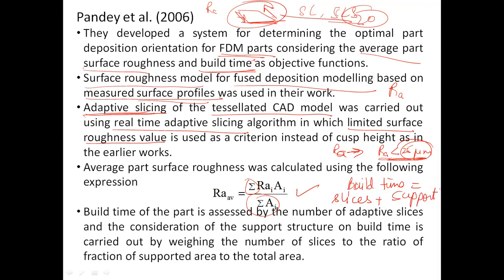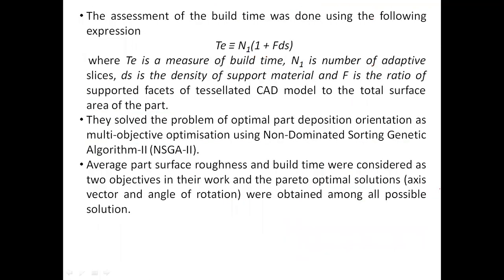Slices and support were both considered in build time. The assessment of build time was done by the following expression: TE is equal to N1 (1 plus F into DS), where TE is the measure of build time, N1 is the number of adaptive slices, DS is the density of support material, and F is the ratio of supported faces of the CAD model to the total surface area of the part.